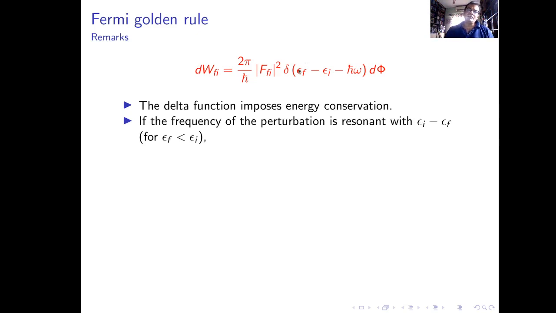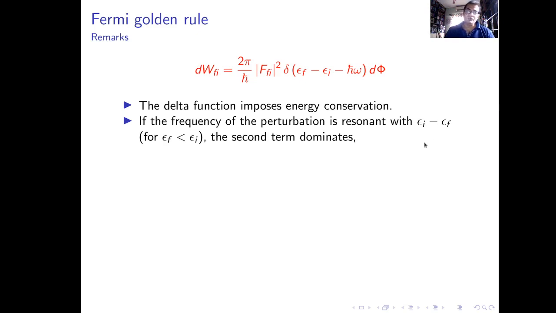Okay, of course, this result was for the situation where ε_i was less than ε_f, where the final energy was more. If the final energy is less, then ε_i minus ε_f close to ħω will give you the other resonant term, which is the second term in our P_i→k expression that we wrote down earlier.